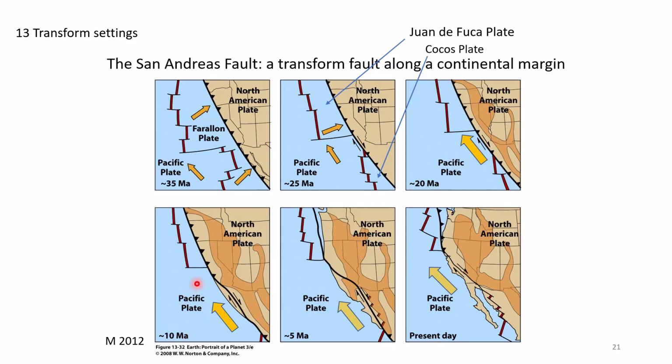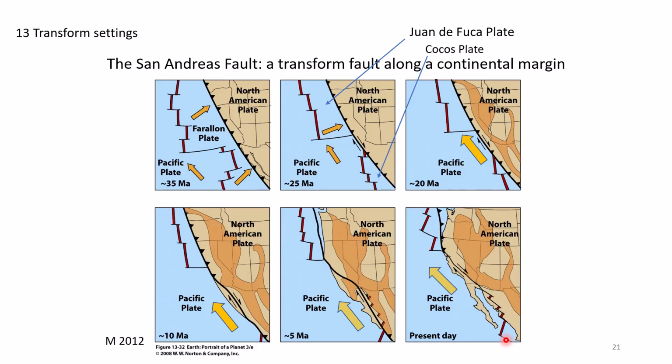We see that this process continued, and 10 million years ago the subduction zone ended further north, and the dextral San Andreas Fault is now cutting through the continental margin along the boundary of the North American plate and the Pacific plate, and this has carried on to the present day, where we see a very substantial strike-slip zone in Southern California.